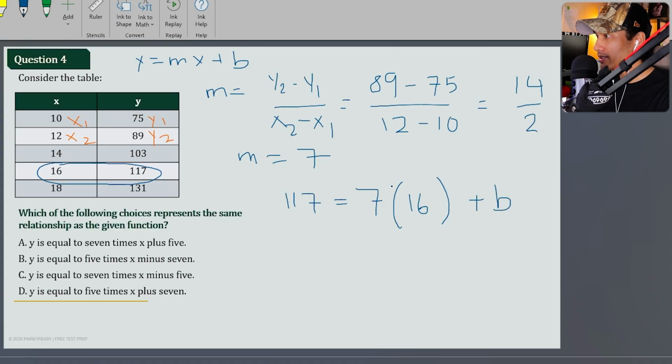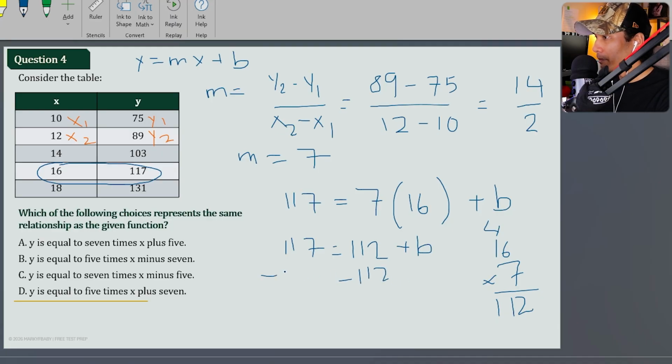Okay, what is 7 times 16? And I'm going to do that over here. 16 times 7, that is 7 times 6 is 42, 7 times 1 is 7, plus 4 is 11. So I have 112. And I go 117 equals 112 plus b. And then I am going to minus 112, minus 112, and that equals 5, equaling b.